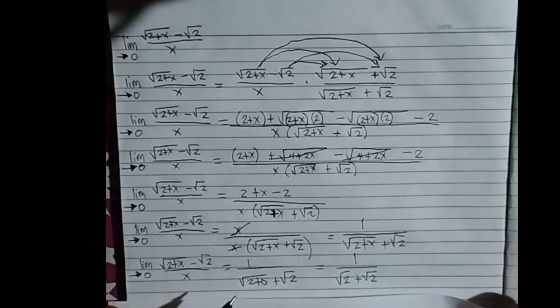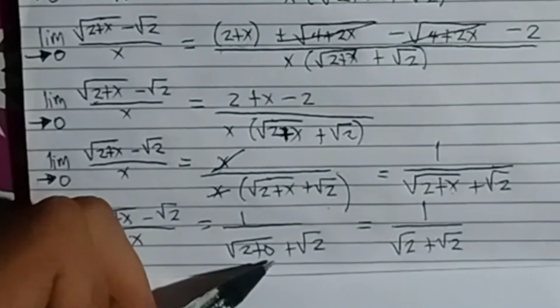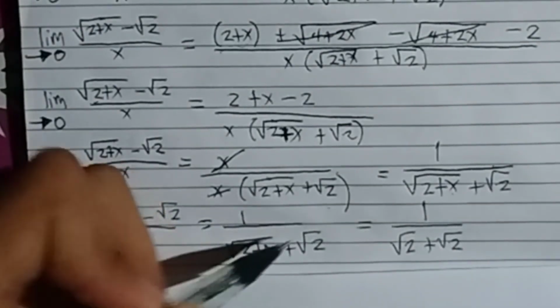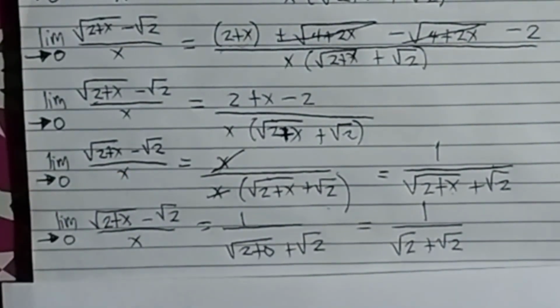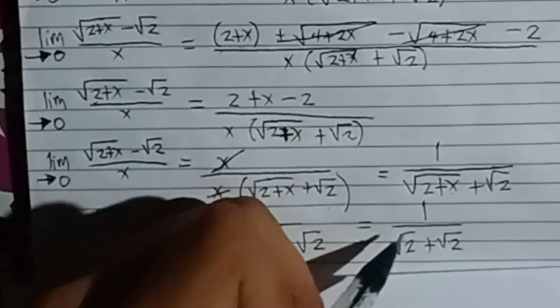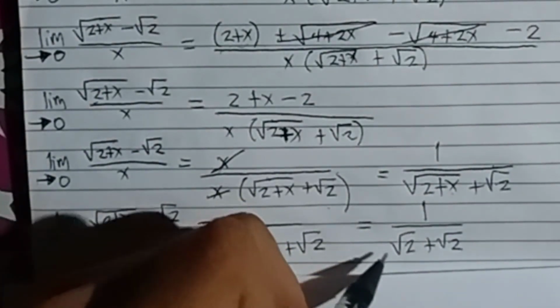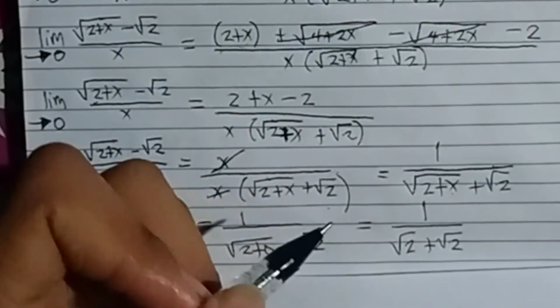So that is 1 over square root of 2 plus 0 plus square root of 2. So 2 plus 0 that is 2, which is 1 yung function natin is 1 over square root of 2 plus square root of 2.